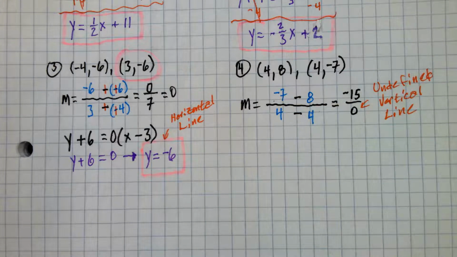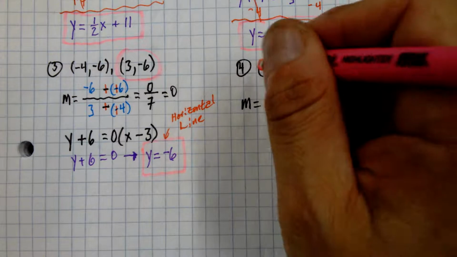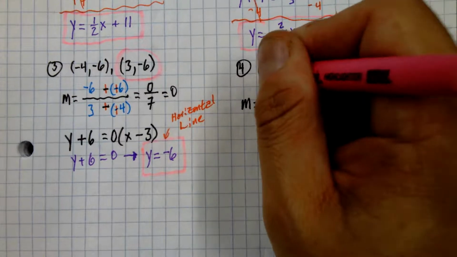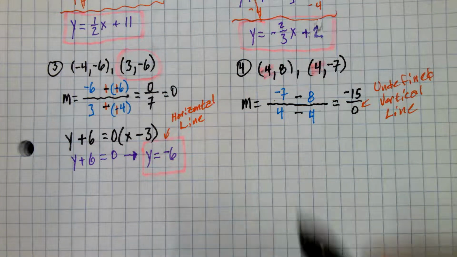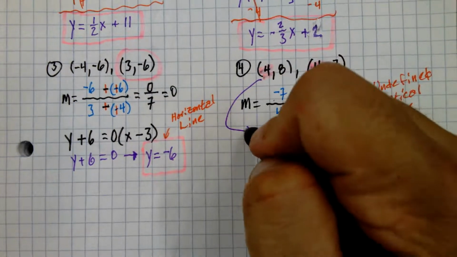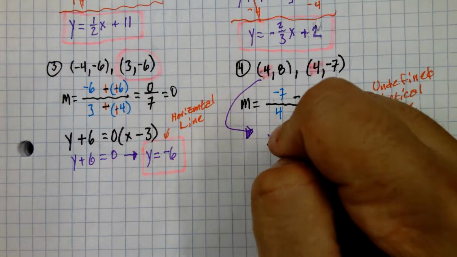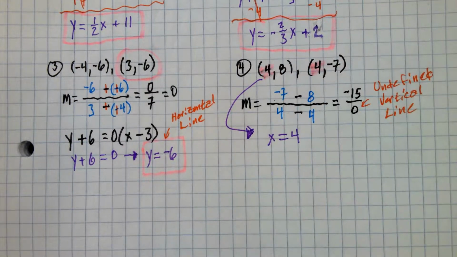And look at this. What's the x value for both of these coordinates? 4. So that means our line is x equals 4. Okay?